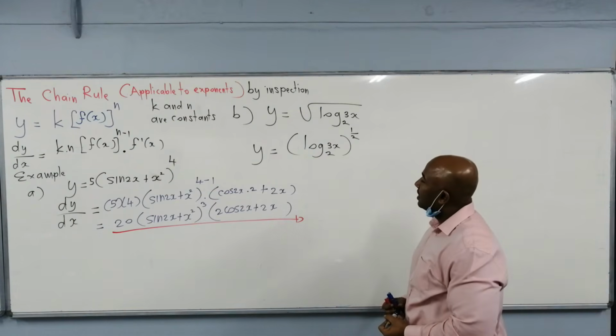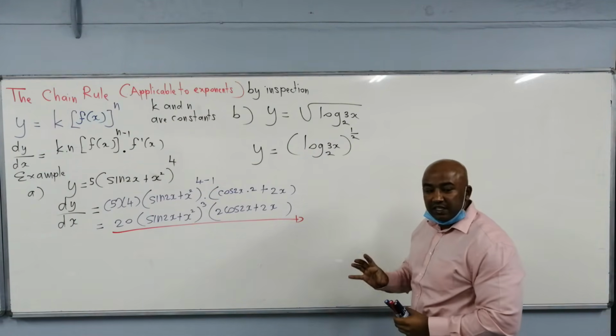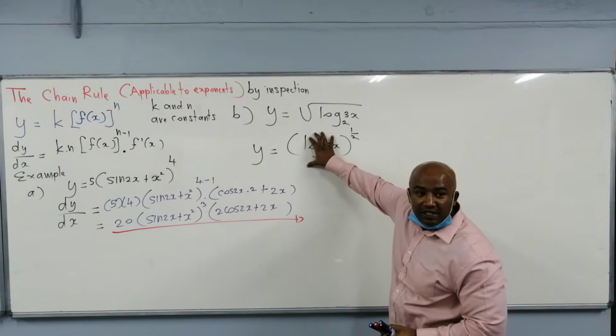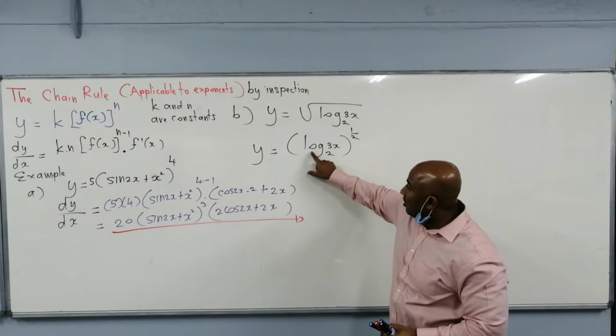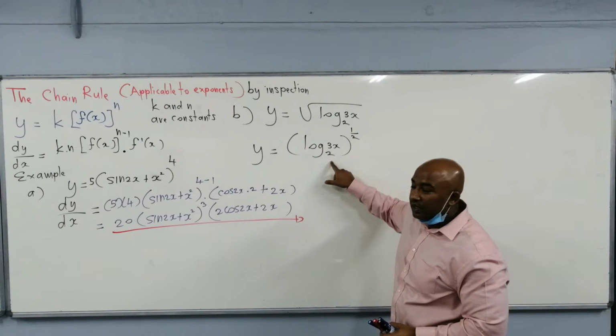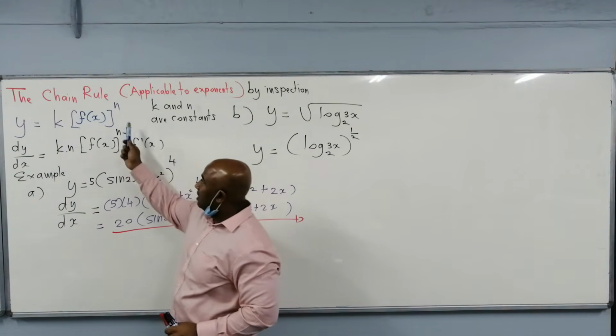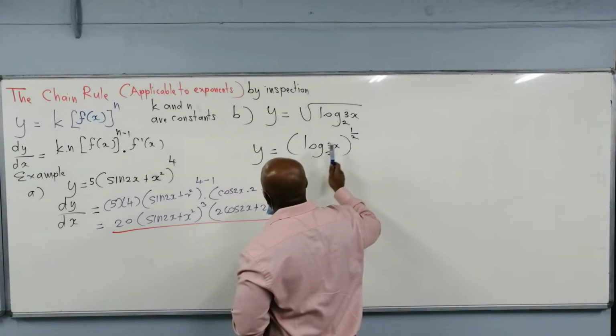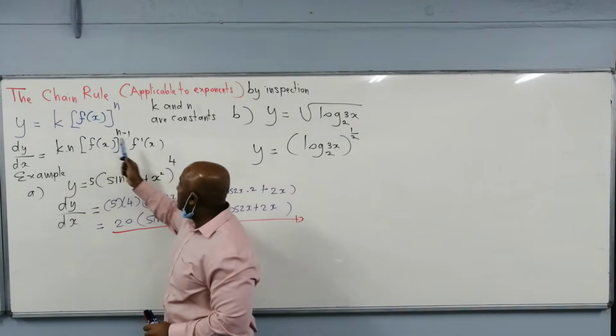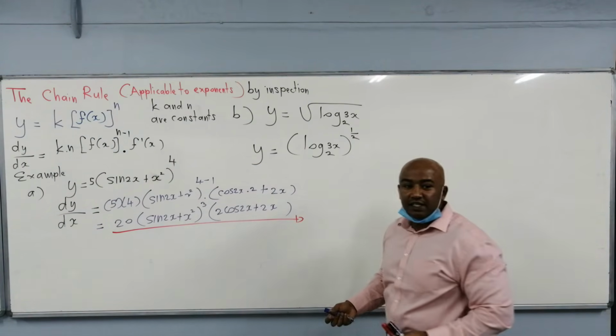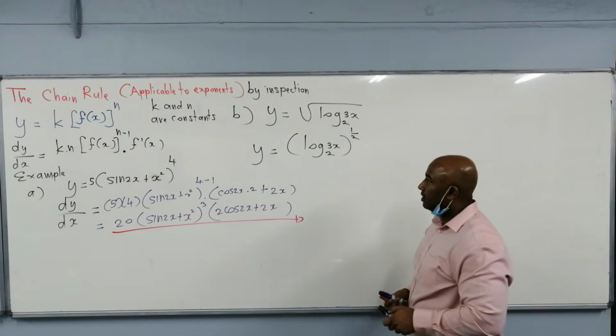So now my function of x from the table of derivatives is log 3x to the base 2. My exponent here is half, so n is equal to half, and f of x is everything inside the bracket.